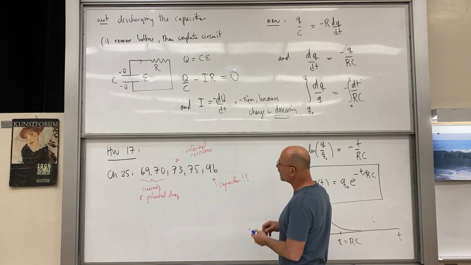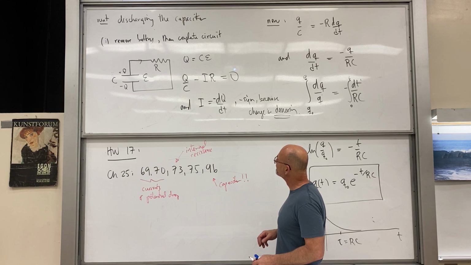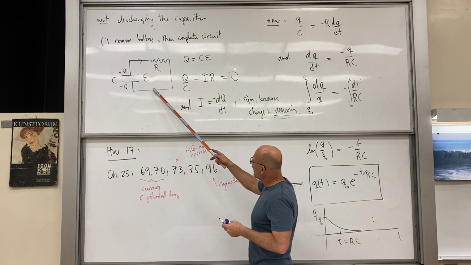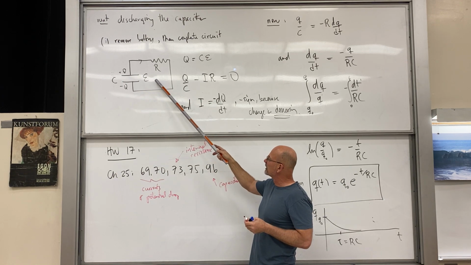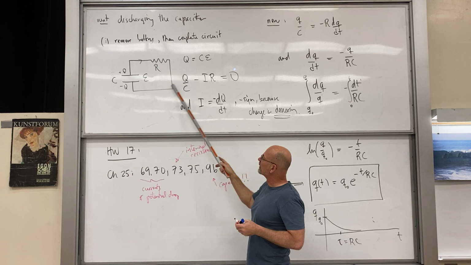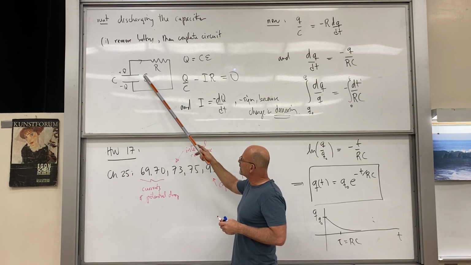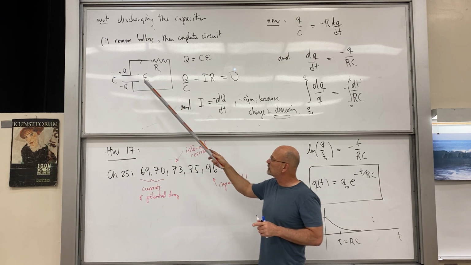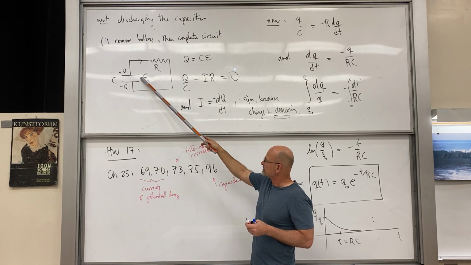Let's get our circuit going. So after you flip the switch with a fully loaded capacitor, you're left with this circuit diagram. Okay. And at time equals 0, all of the energy is stored in there. Remember, we have the energy in terms of Q and C. So look up the energy there.